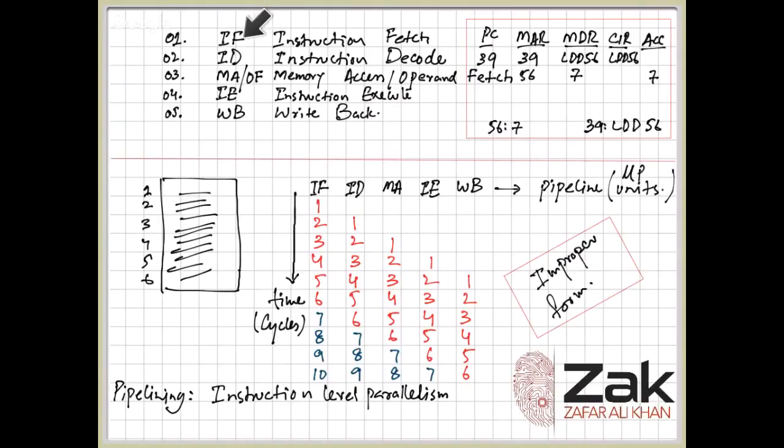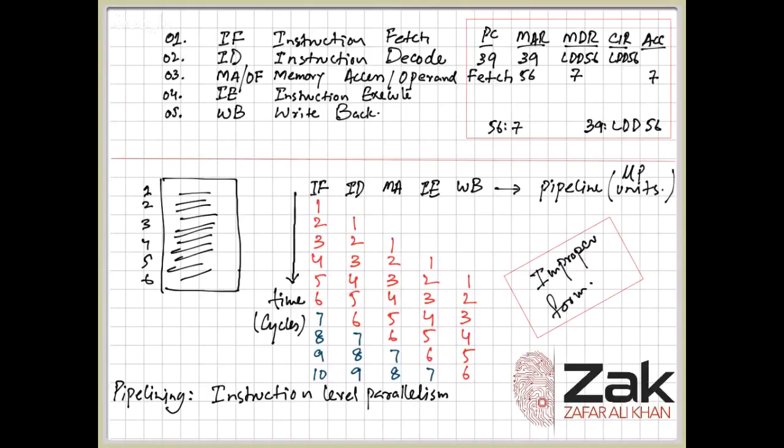Instruction fetch part, instruction decode part, memory access part, or operand fetch part. Memory access means, let's say it is LDD 200, what does that mean? Load directly from address 200. So this is the memory fetch part, or operand. The memory address is the operand. Instruction execute part and write back.